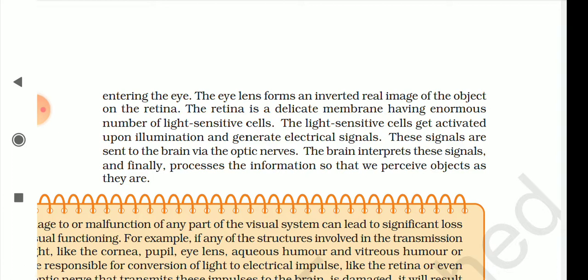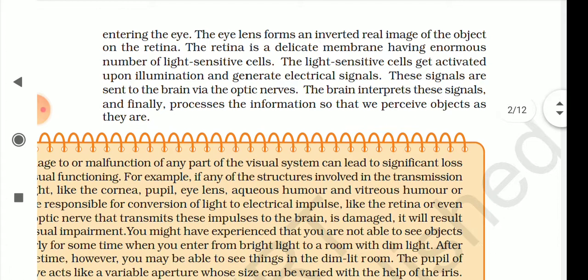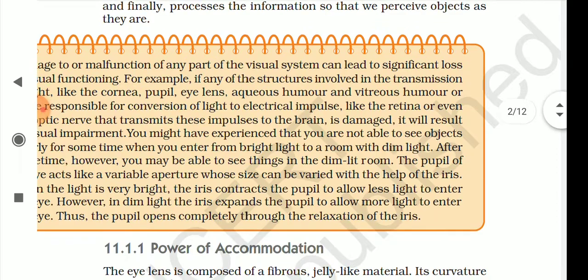The retina is a delicate membrane having an enormous number of light sensitive cells. The light sensitive cells get activated and generate electric signals, and now these electric signals are sent to the brain via optic nerves. The brain interprets this signal and finally processes the information so that we perceive objects as they are.